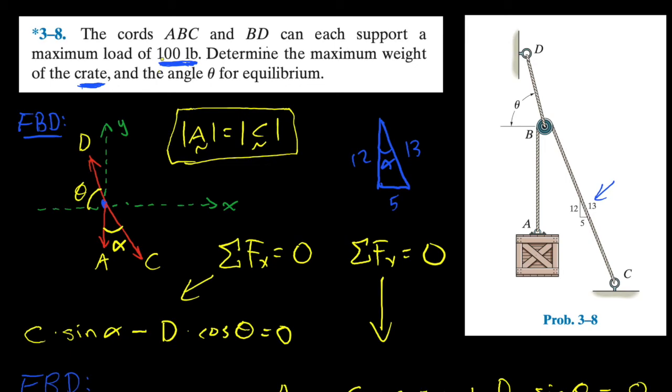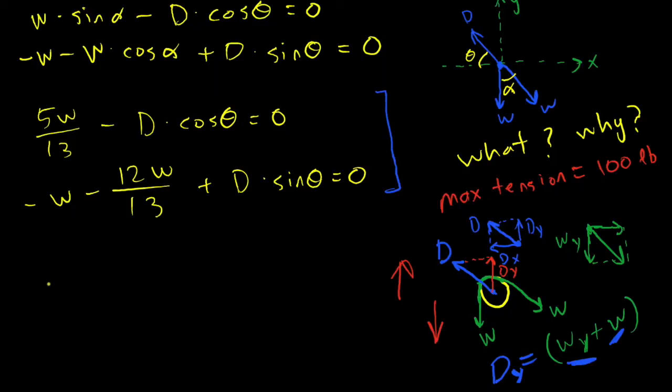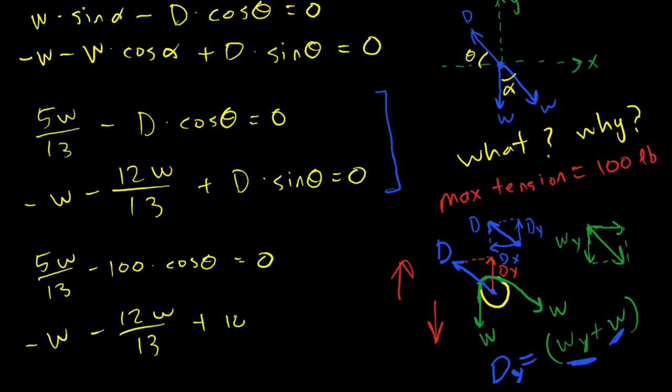So now let's get the maximum load and replace D with the maximum load. What you will notice is that this substitution that gave us these two equations has two unknowns per equation. There's W and theta. Let's simplify this further.